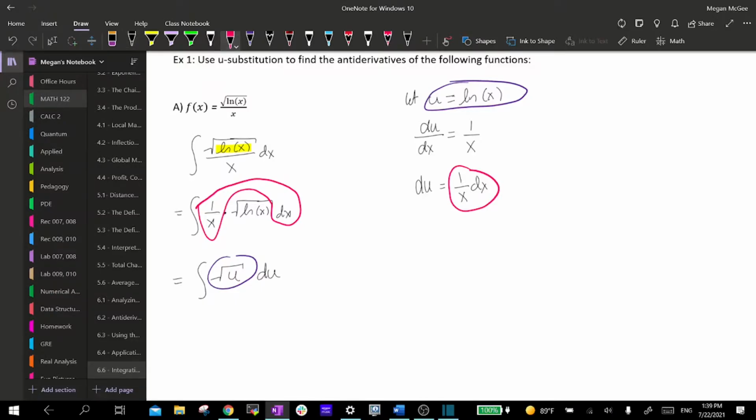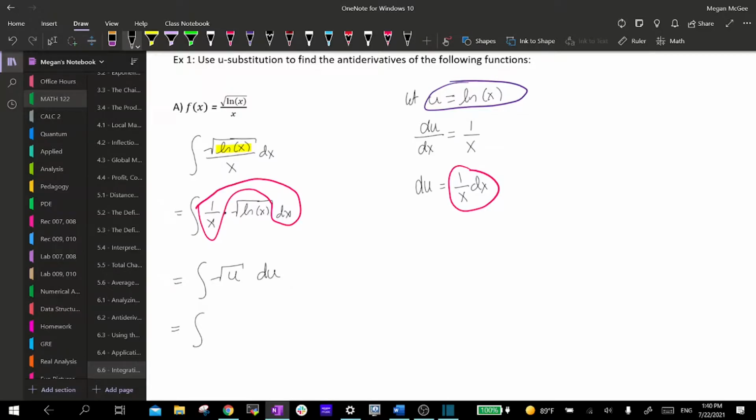So we just end up with the square root of u du. And that is something we can handle. We know how to take this integral. Before, with the square root of the natural log over x, a quotient, we don't have a quotient rule for an integral, so that's why we need this u substitution technique.